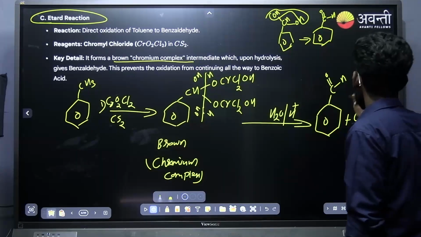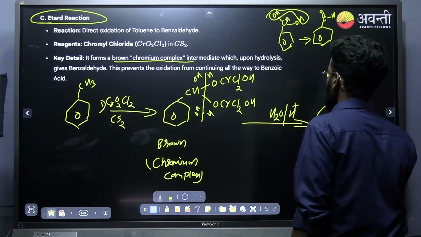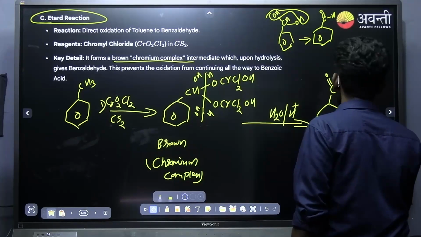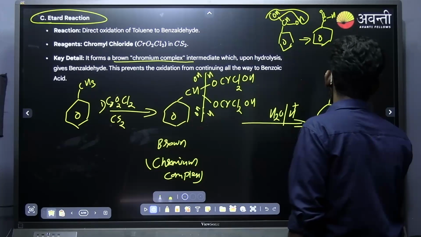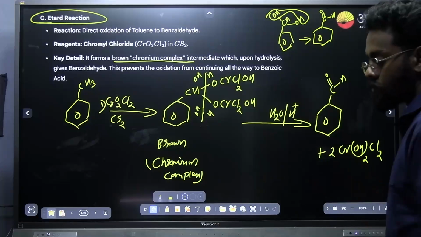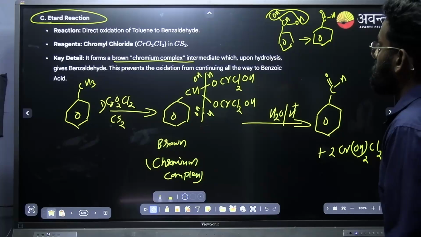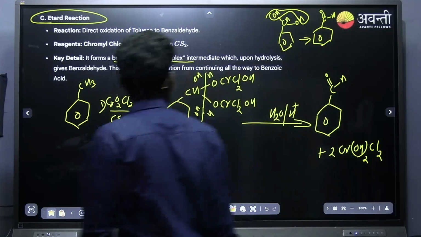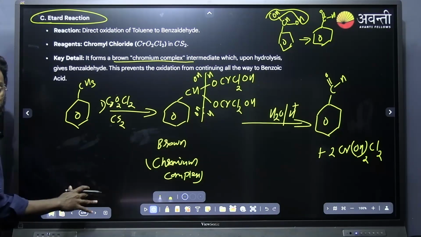The next product you will get is 2 molecules of Cr(OH)2Cl2. So this is all about Etard reaction. Is it clear to everyone? Shall I move? Just take a note of it.